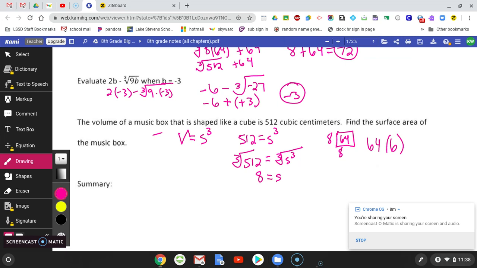So we would need to do 64 times 6 to find out what the surface area would be. So that would be 384 centimeters cubed, or cubic centimeters. So first we had to find what the side length was, and then we had to figure out what to do with that to find our surface area.